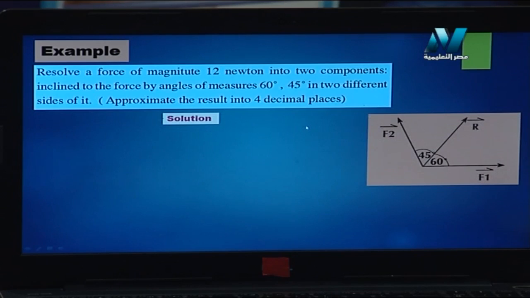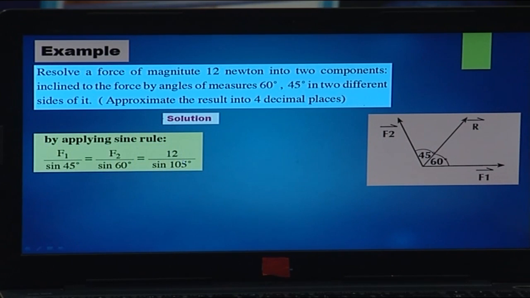The solution: we have here F1, the first force, inclined by an angle of 60 degrees to R, which is the resultant, and we have F2 inclined by 45 degrees to the resultant, and we would like to resolve R into two forces, F1 and F2. The resultant here equals 12 Newton.